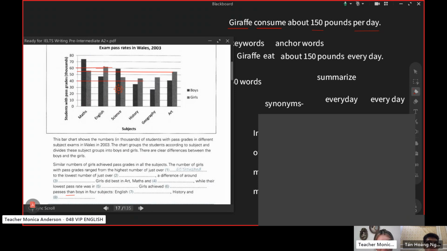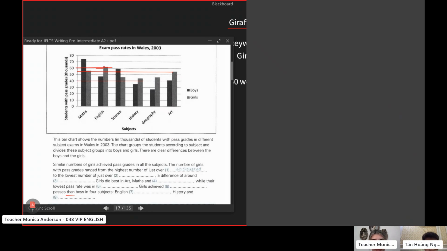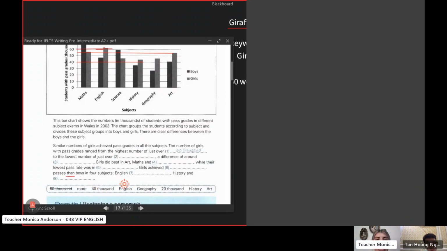But about the others, I can see girls are better, yeah? So more or less? Like girls achieve more passes than boys in sports. Excellent. Very good.